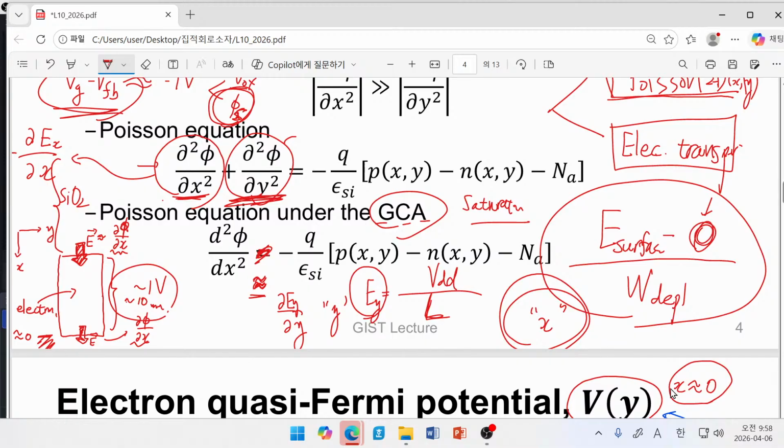But maybe you remember that when you studied your MOS IV characteristics in the microelectronics course, you just considered the triode region, and beyond that triode region, you just said that something called saturation occurs and current becomes just constant.